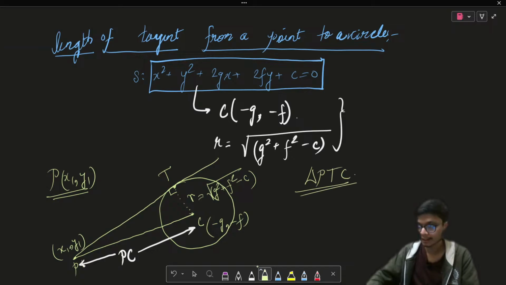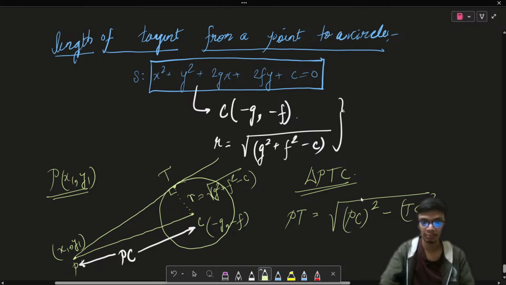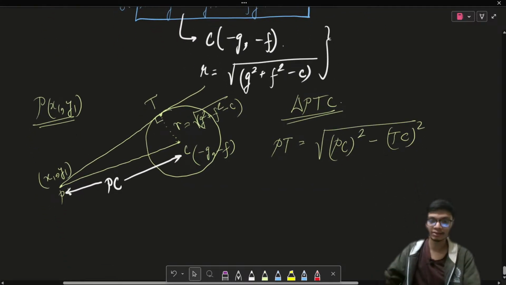So by the Pythagoras theorem, PT is equal to square root of PC square minus TC square. We already know the distance PC and the distance TC, that is the radius.